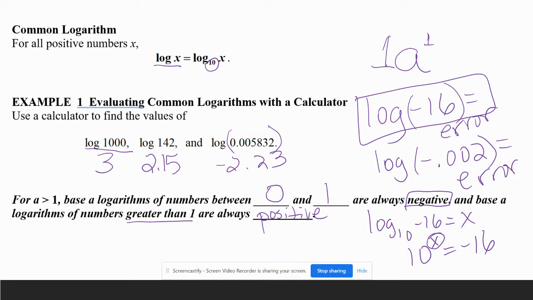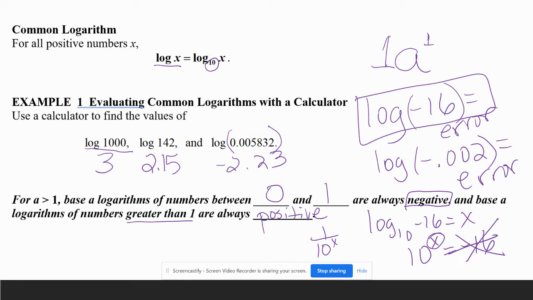I could put 10 to any negative power, and all that's doing is taking the 10 and flipping it under 1 and making it a super small number. I will never be able to get 10 to some exponent where I get a negative answer. It'll never happen. And so that's why the log of a negative number is never going to happen. It's always going to be an imaginary answer.